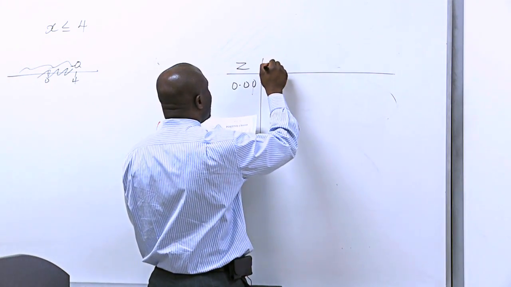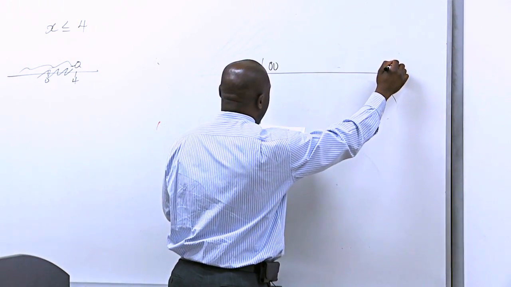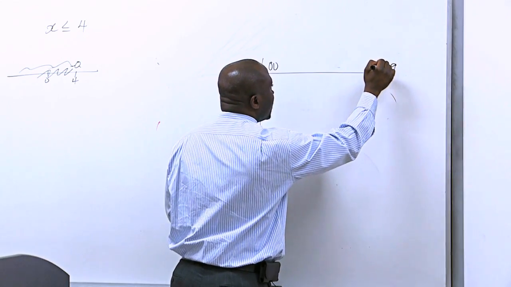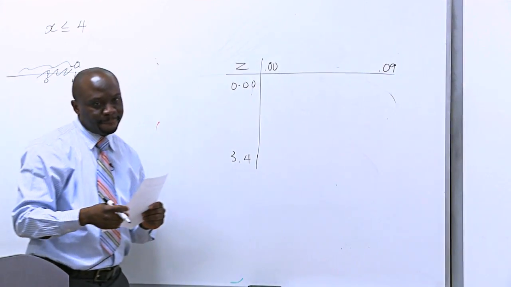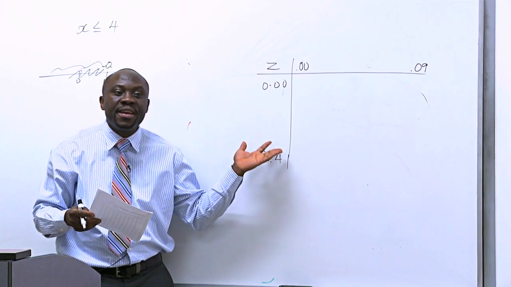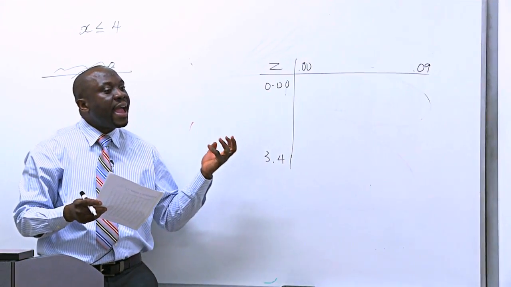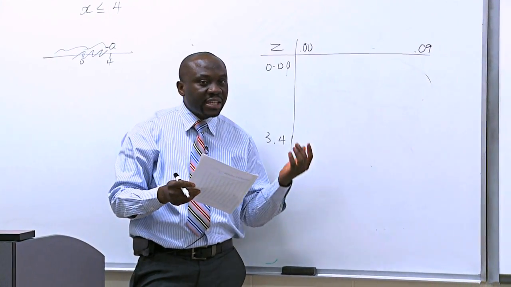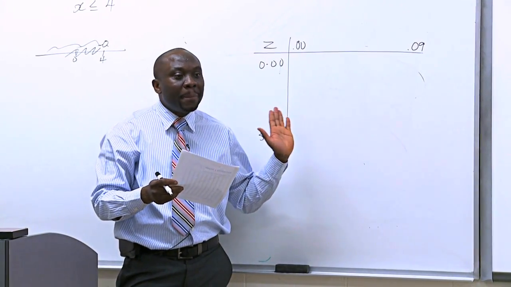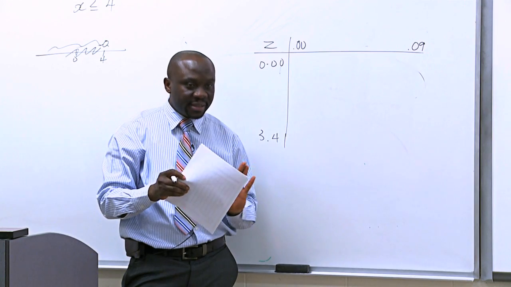And on top, you have 0 up to 0.09. What this means is any value associated with the z must be rounded to 2 decimal places.